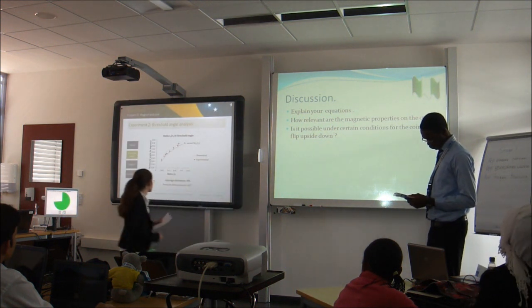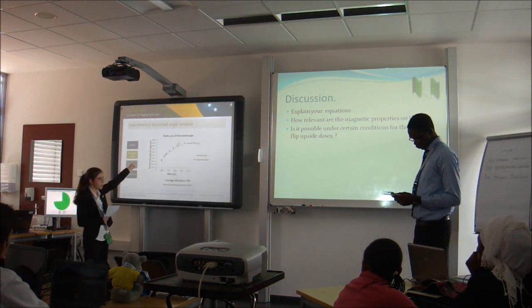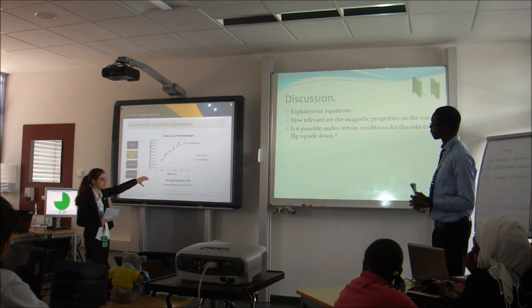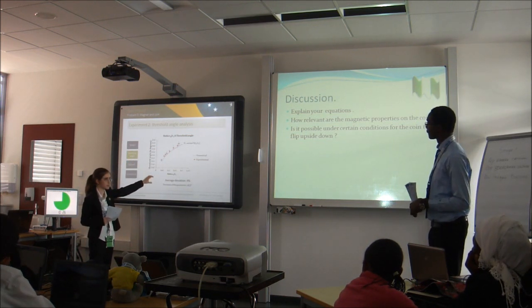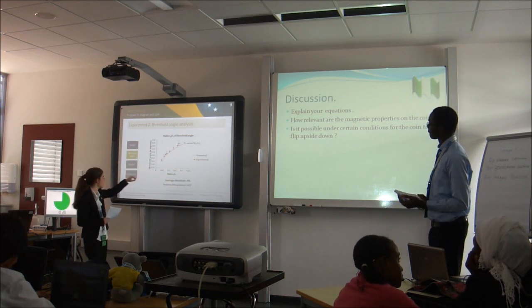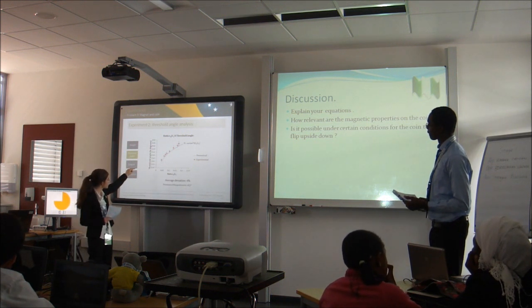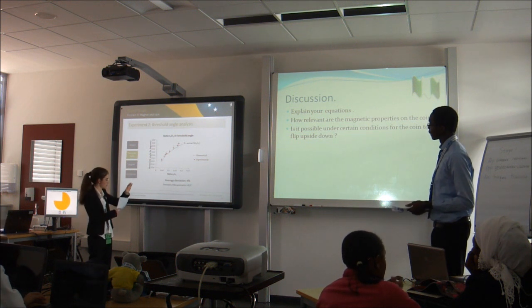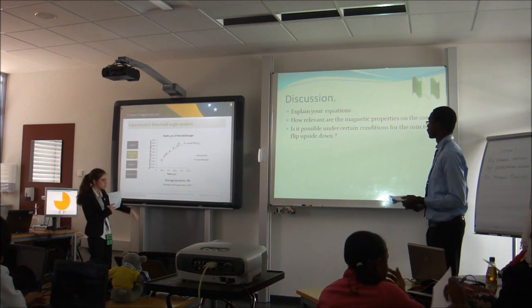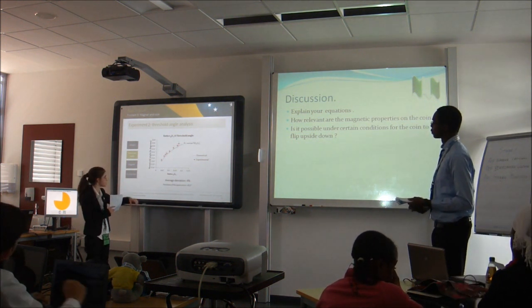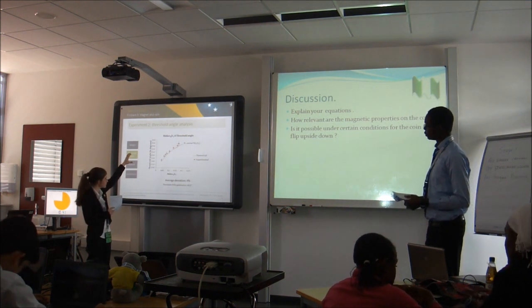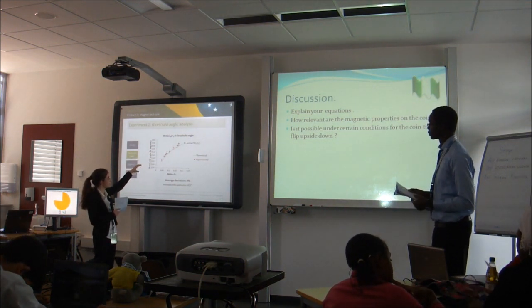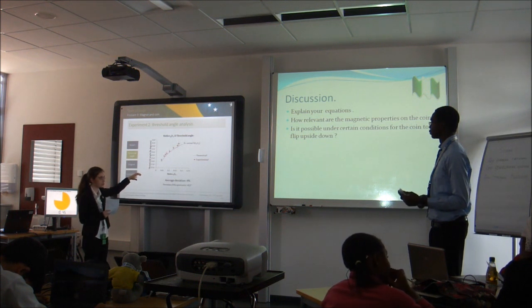You have the experimental points of the threshold angle as a function of the ratio R2 over R1, that is the thickness over the diameter. Then we have the angles in degrees at which the coin starts to fall down over the magnet, and it complies with our theoretical model within the uncertainties of our experiment.